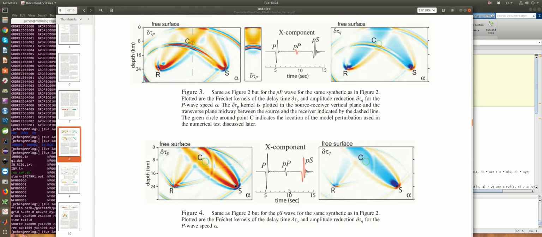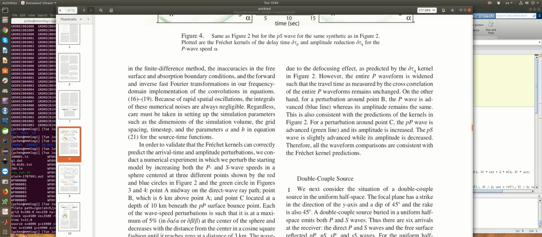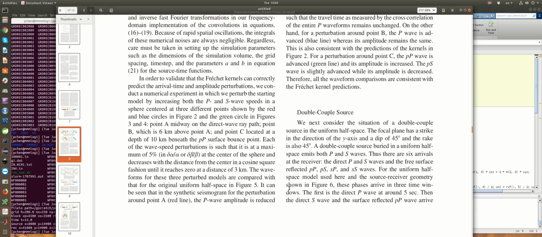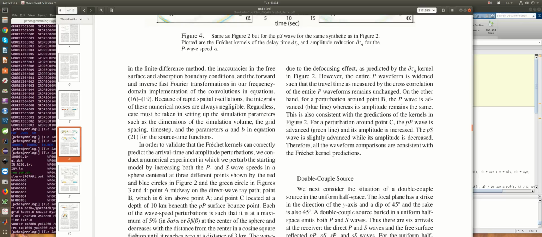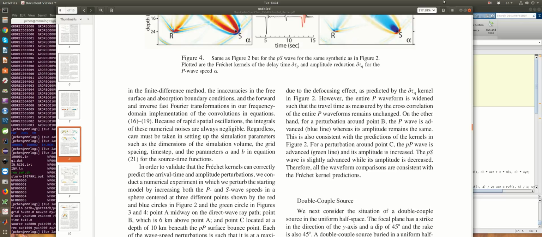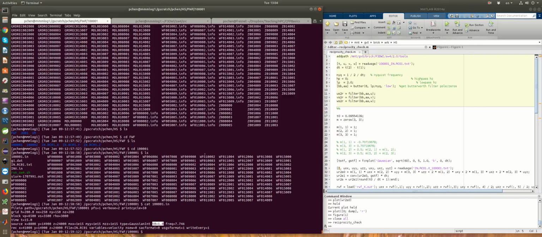But here I'm actually using a shift that's like 1 second. So it's slightly delayed. Can't find the number, but it doesn't really matter too much.